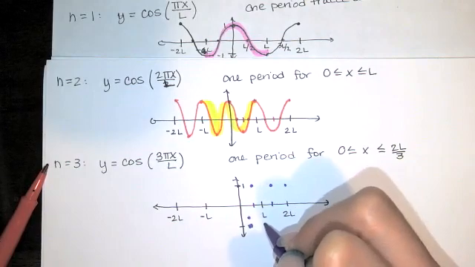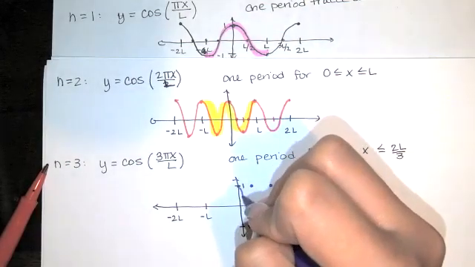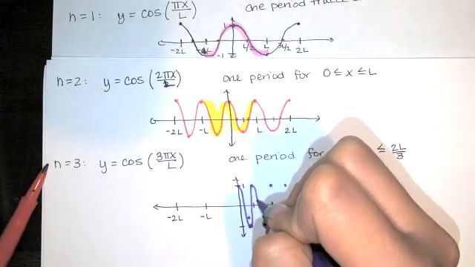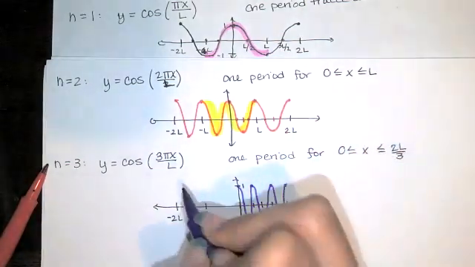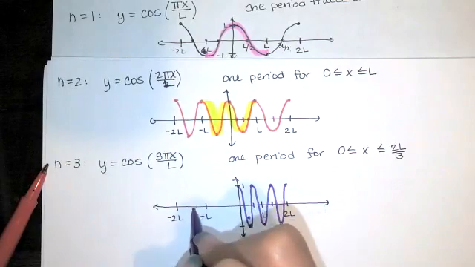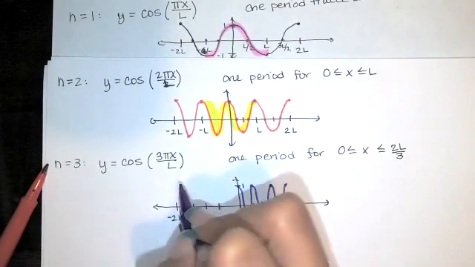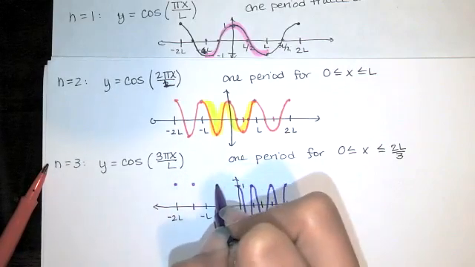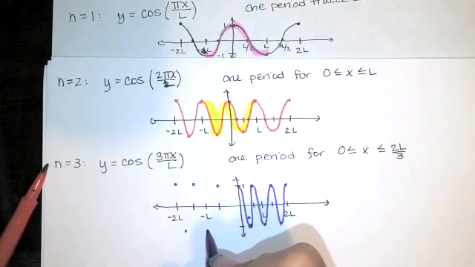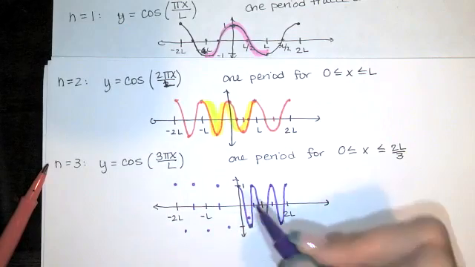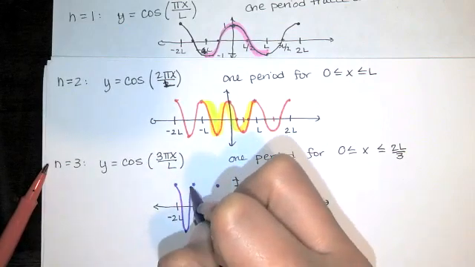Oops, that should be down here. And it looks something like that. And over here, I want to try to split this into thirds as well. Cosine starts at the top. And it has its minimum here at the bottom, halfway in between. And then it would just go through that cycle.